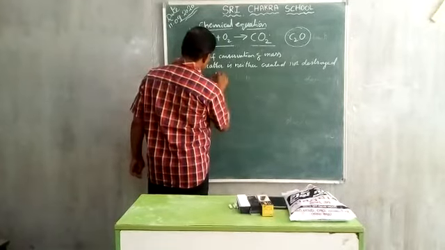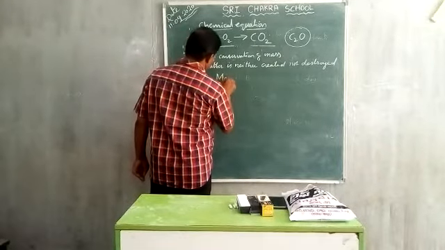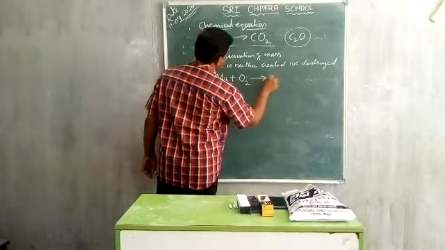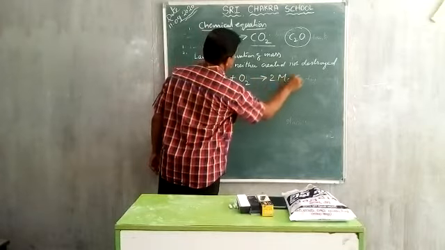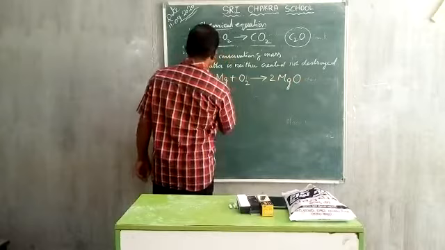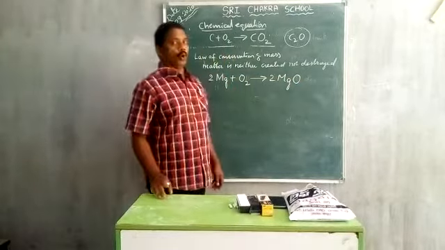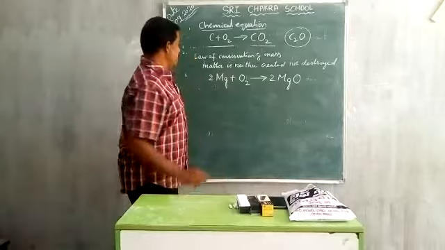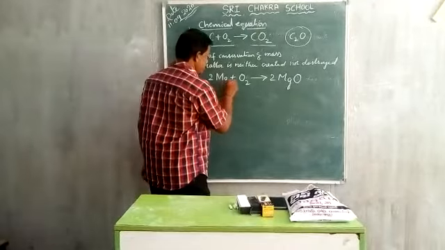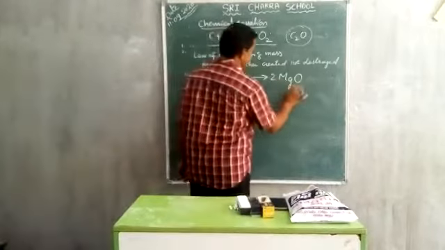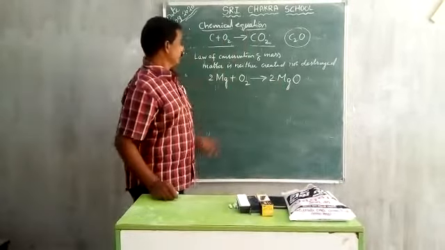Take another equation. Magnesium burns in oxygen to form magnesium oxide. 2 Mg plus O2 gives 2 MgO. Here, magnesium and oxygen are reactants. Magnesium oxide is a product.